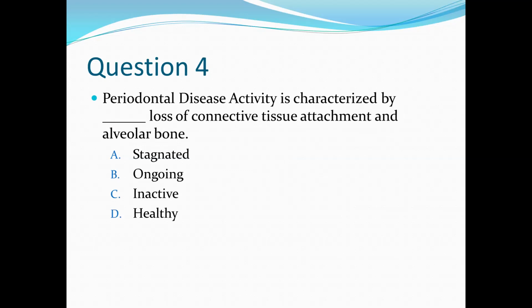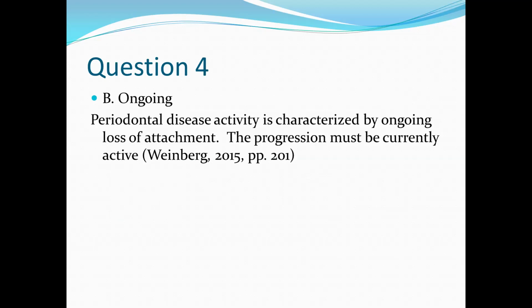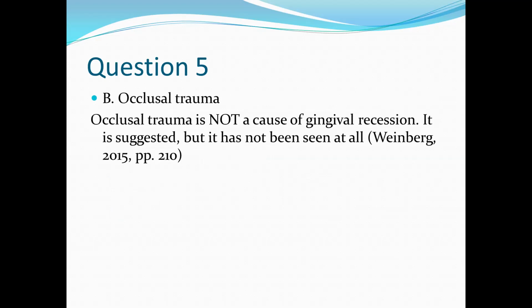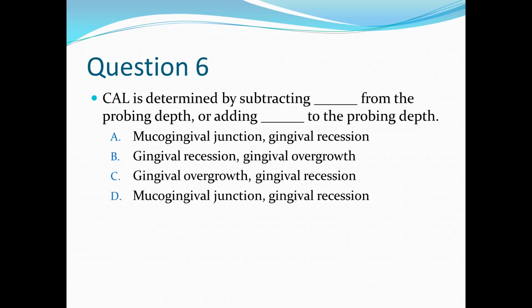Loss of connective tissue attachment and alveolar bone. Okay, so it would be ongoing. What is not an etiological factor for gingival recession? Okay, again, occlusal trauma alone has not been proven. Clinical attachment loss is determined by subtracting what from the probing depth, or adding what to the probing depth?